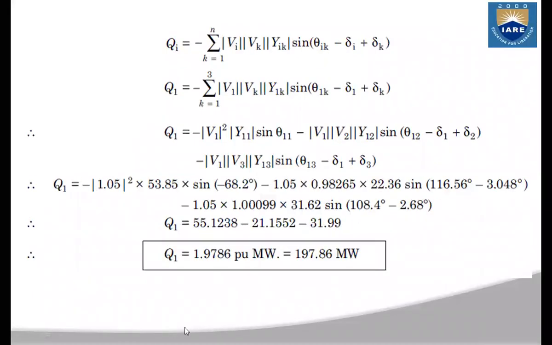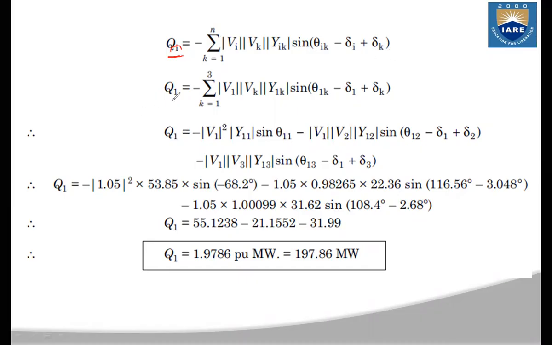See here, the general equation for reactive power. From the load flow equations, reactive power injection at any bus i can be written as minus of sigma k equal to 1 to n, magnitude of Vi, magnitude of Vk, magnitude of Yik, sin of theta ik minus delta i plus delta k.